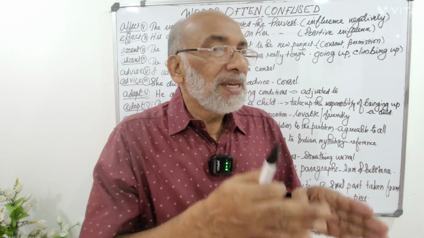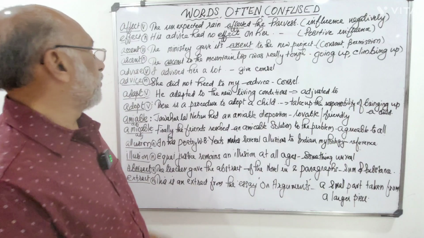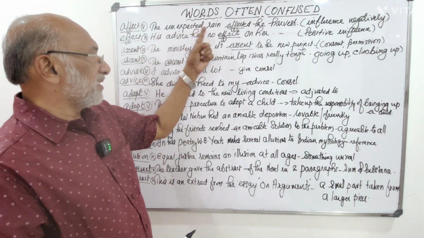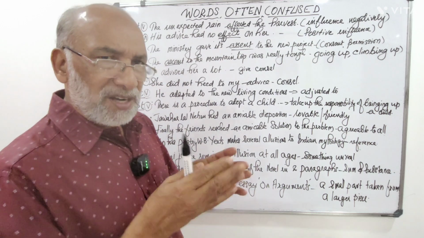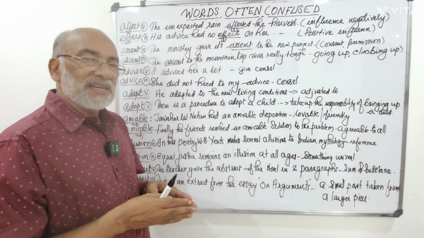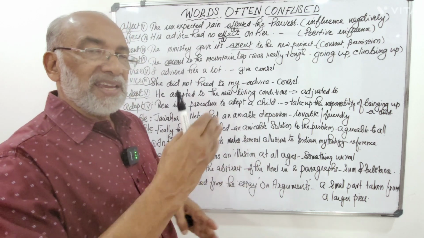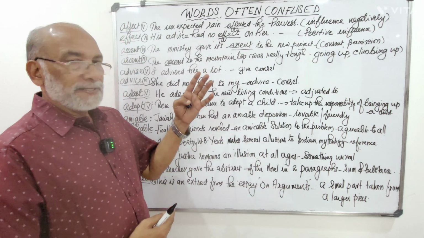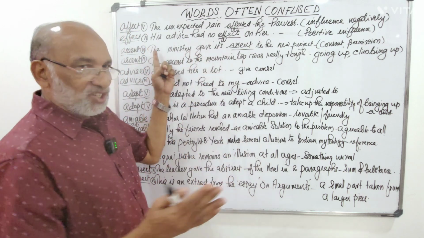So we use it in a negative situation or context. So that you keep in your mind. The unexpected rain affected the harvest. The crop was ready for harvest, but quite unexpectedly the rain started, and there was heavy loss. Okay, I think it's clear.